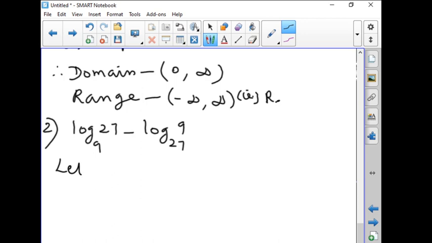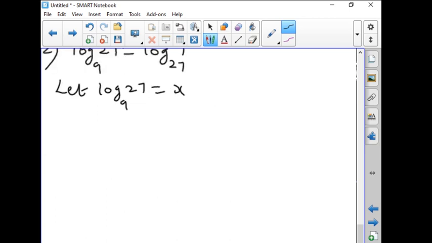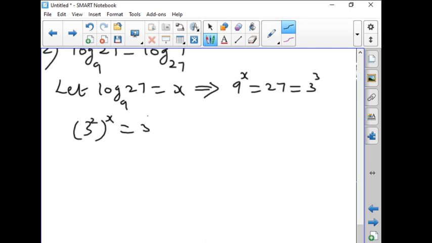So let log 27 to the base 9 be equal to x. So writing in exponential form, how will you write this? 9 power x is equal to 27. 27 is nothing but 3 cube. What is 9? 9 is 3 square. So 3 square power x is equal to 3 cube.